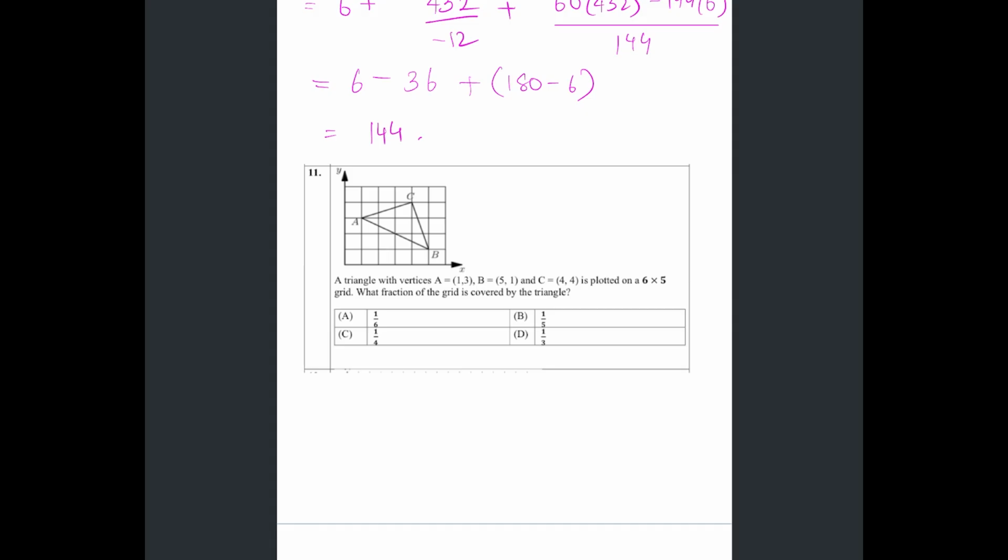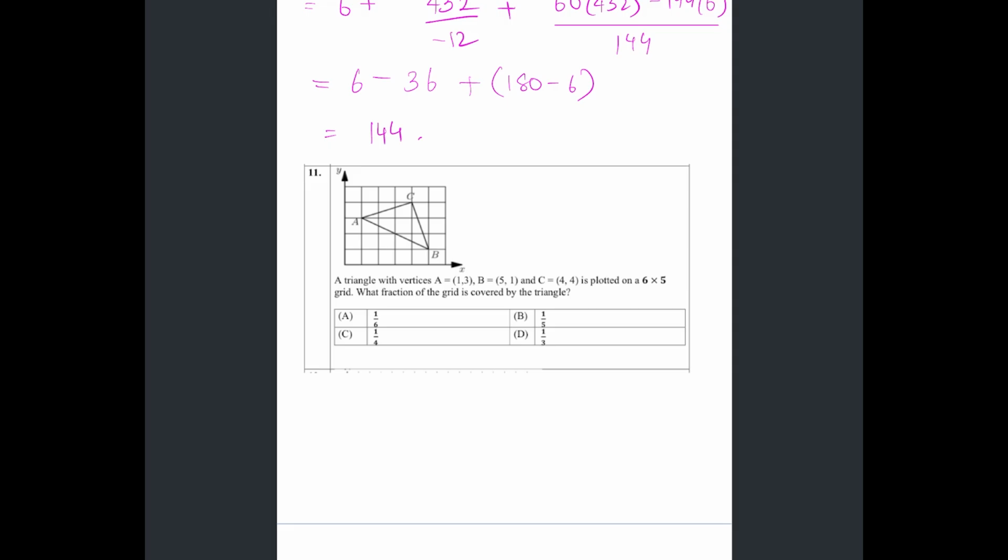Okay, in this question, what are we being asked? We're asked to find the area of triangle ABC, right, with vertices 1, 3, 5, 1 and 4, 4, right?